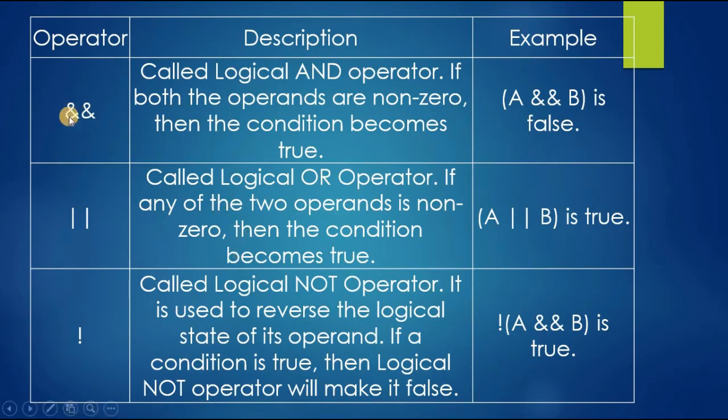First we are seeing the AND operator, which is denoted by the ampersand symbol. The AND operator says that if both the operands are non-zero, then the condition becomes true. In the example, we see the result is false because variable A holds the value 1 and variable B holds the value 0, as we assumed.